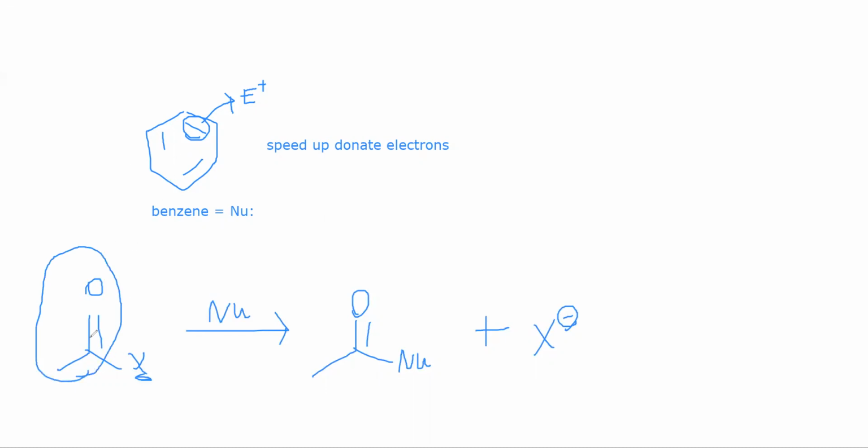This is the electrophile because it's the carbonyl carbon that's acting as the electrophile. So if we want to speed up a reaction with carboxylic acid derivatives, then we want to withdraw electrons because we want to make that carbonyl carbon a better electrophile, so it's more reactive and can react faster. So the trend is the reverse of what we saw with the benzene rings. That might be confusing, but it's because with benzene it was the nucleophile, with the carbonyls it's the electrophile.